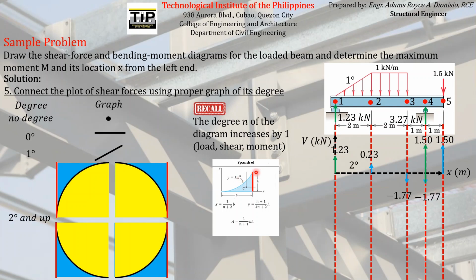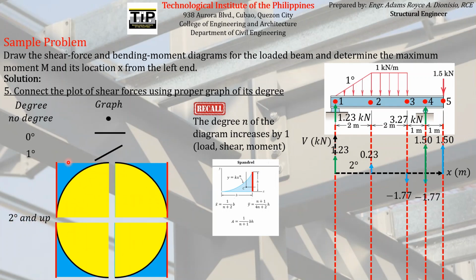So how can we use that spandrel and its height? You just have to remember the height of the resulting spandrel when you use this type of curve, second degree curve and up.